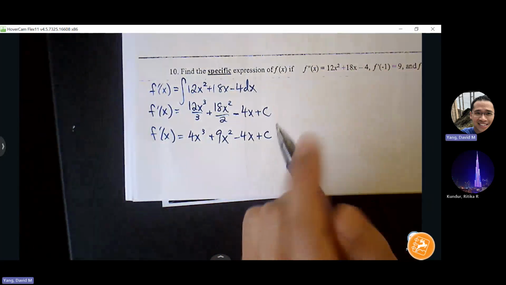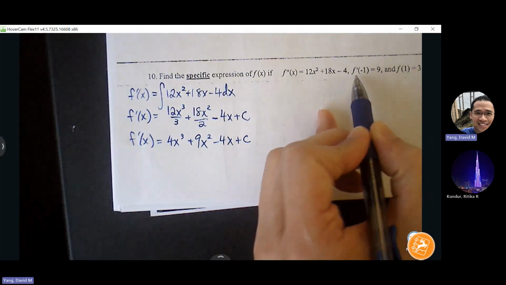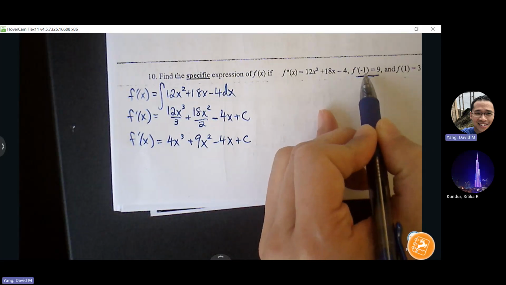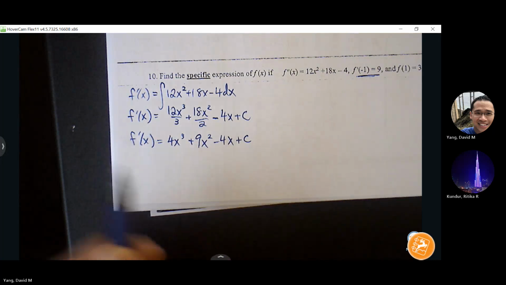Okay, so now that we're at the f prime level, that plus c shows up. We have an ordered pair at that level that we can use. So we'll insert -1 in for x and 9 in for the f prime variable.